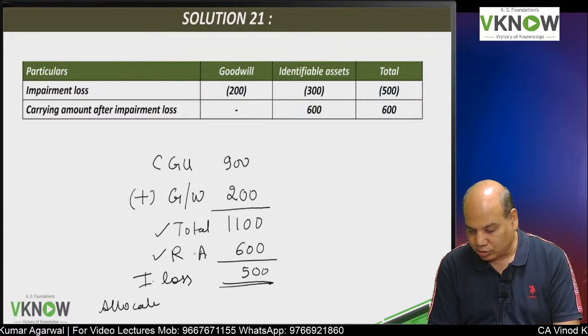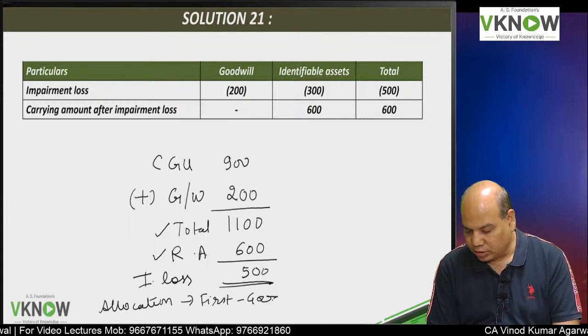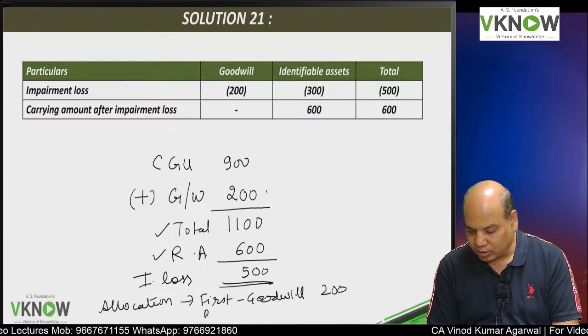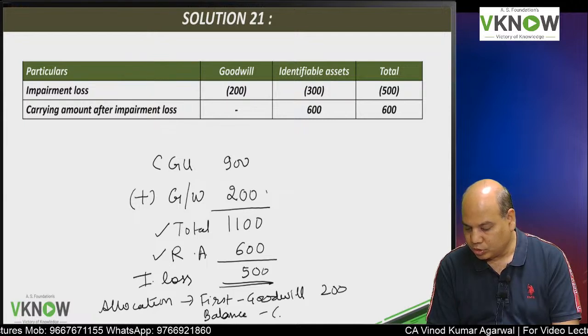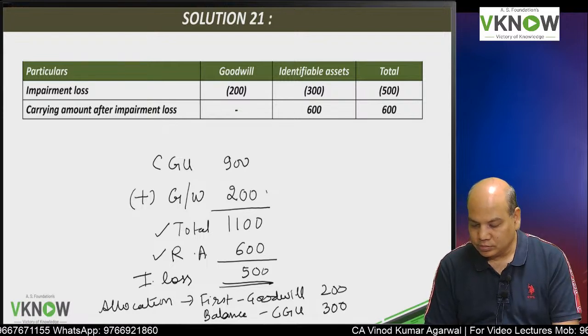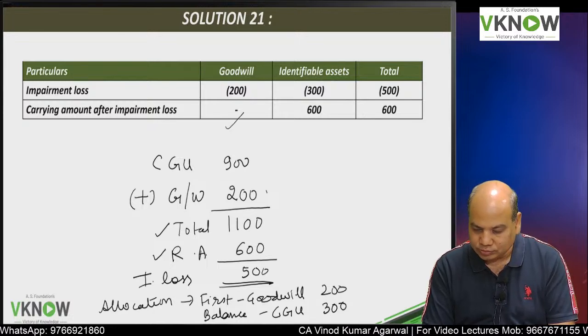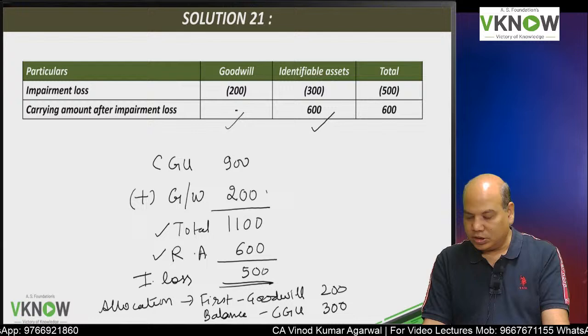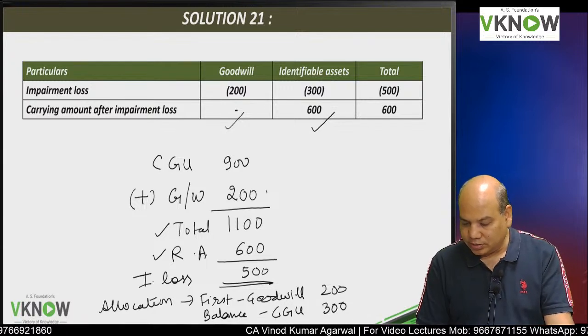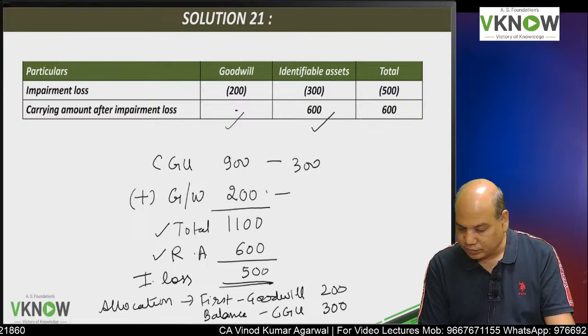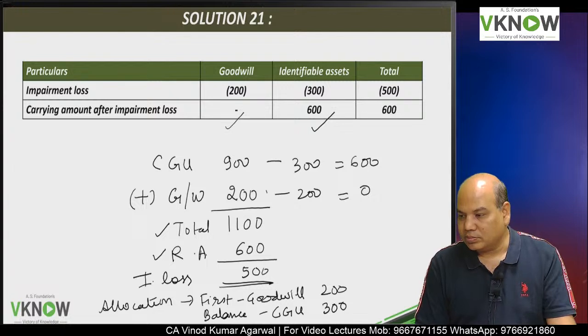Allocation of impairment loss: first goodwill, which is 200, and the balance towards CGU, that is 300. After providing impairment loss, goodwill will become 0 and the asset's carrying amount will be 600: 900 minus 300, so assets will become 600, goodwill will become 0.